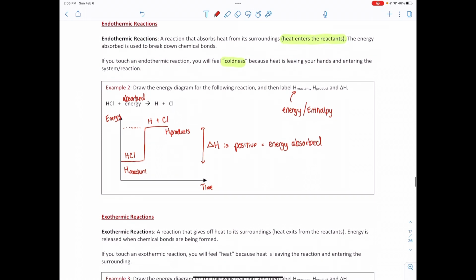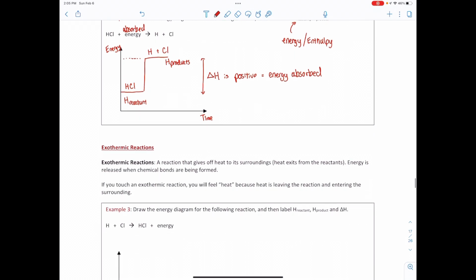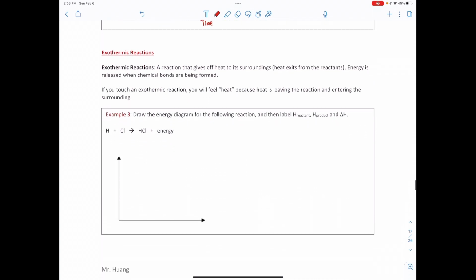The opposite of endothermic reactions are exothermic reactions, and exothermic reactions give off heat. Heat is given out to the surroundings, or heat exits from the reactants. Energy is released most of the time when we form chemical bonds. So for endothermic reactions, when we're trying to break bonds, we need to input energy, whereas for exothermic reactions, when bonds are formed, you release a lot of energy.